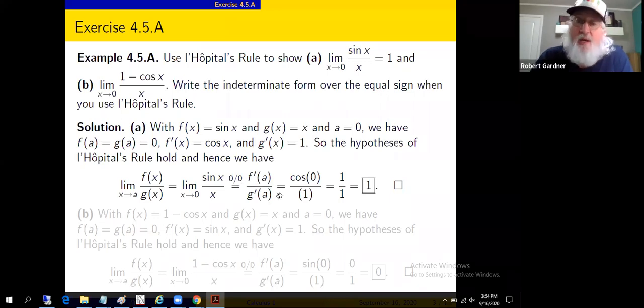So that's where this comes from. Converting it into the symbols we have here, gives us cosine 0 over 1. Cosine of 0 is 1. That limit's 1. You already knew that limit was 1.